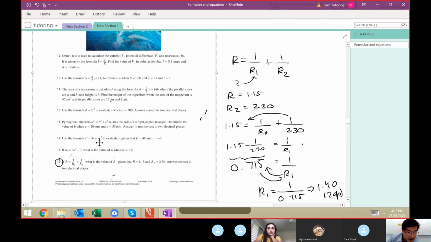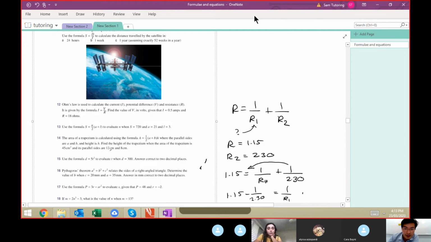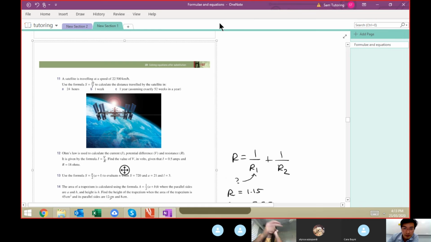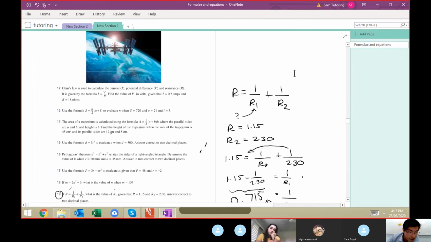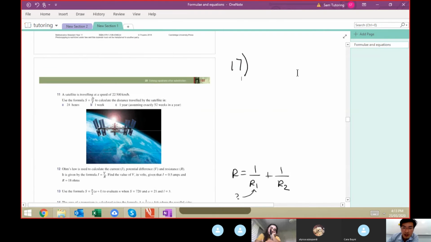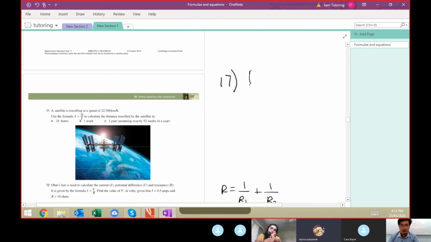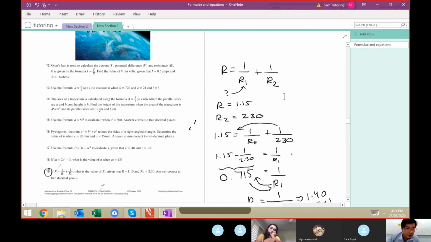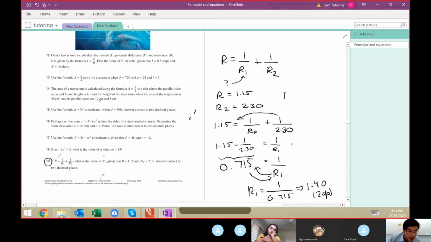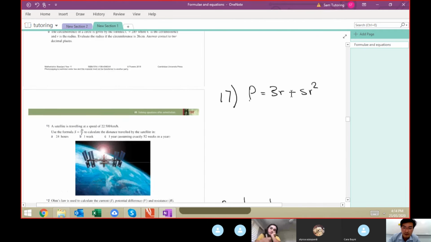Let's try question 17. Question 17 is P is equal to 3R minus SR squared, and then P is equal to 48, R is equal to -2.